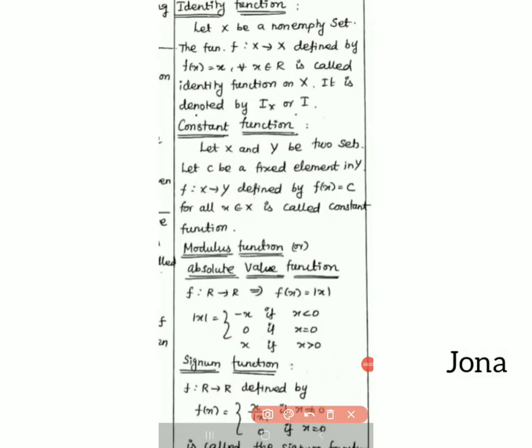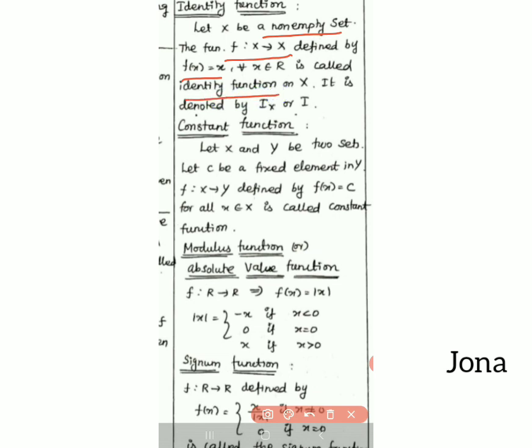Identity function. Let X be a non-empty set. The function f from X to X defined by f of x equal to x for every x belongs to X is called the identity function.